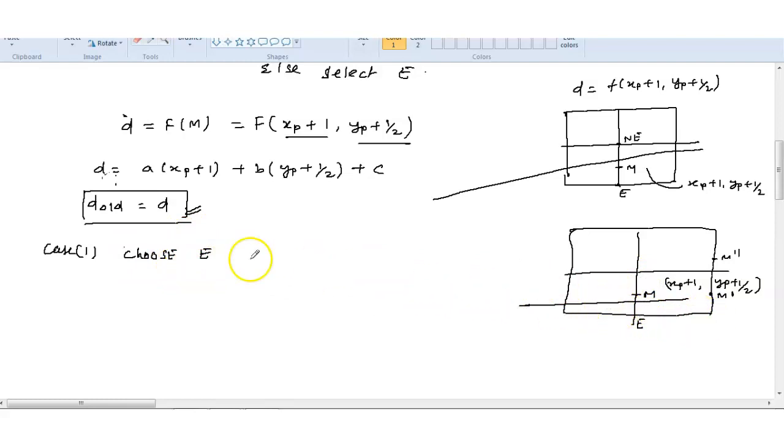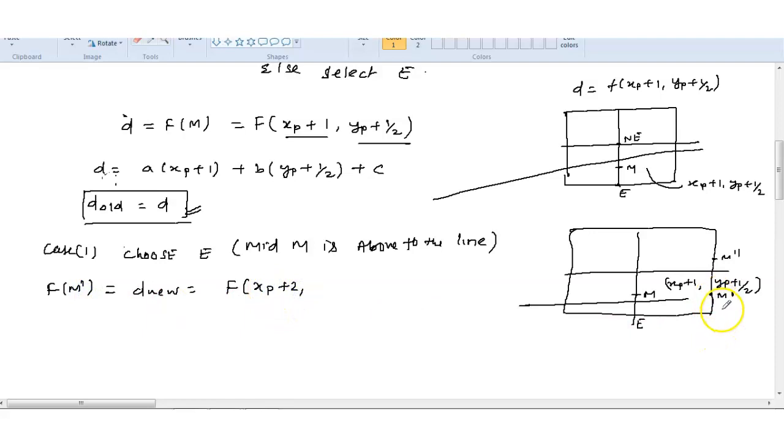East corner means this midpoint m is above the line, and the straight line will pass through this m. So d new we can find here, which is f of m dash coordinate, f of m dash, which is xp plus 2.